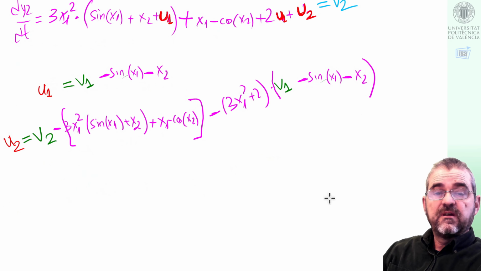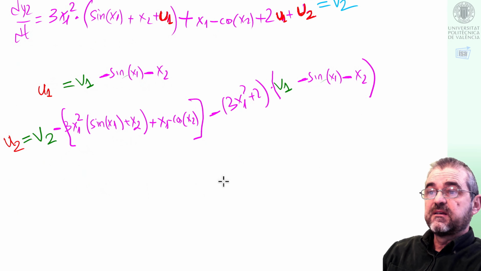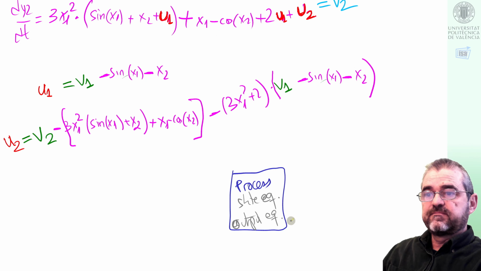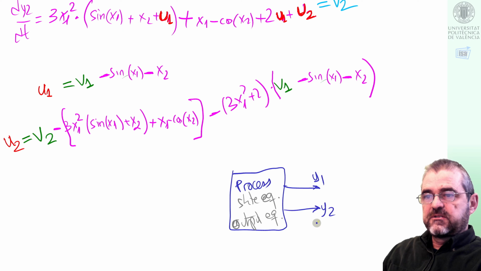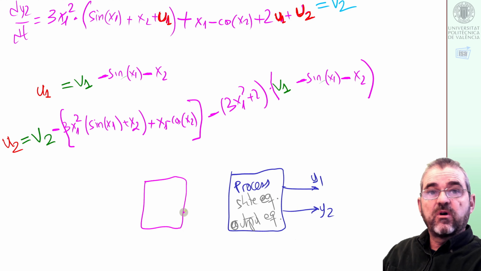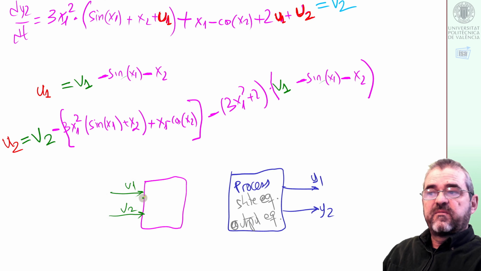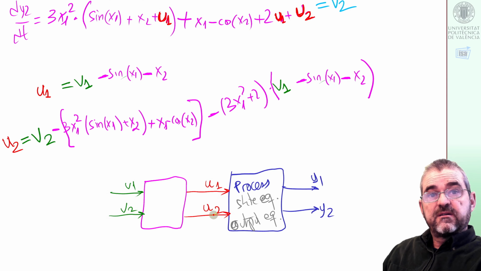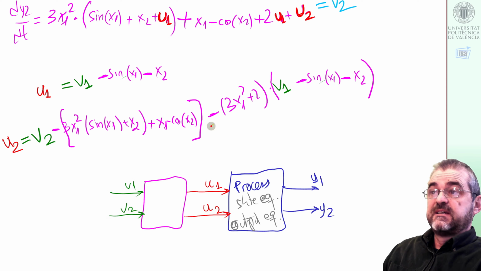So what all these derivations tell me is that if I have my process with the state equations and output equations we started with, being these the control variables, and I program these equations, how? Well, inserting some code that from v1, v2 computes u1, u2, but of course in this code we need also the values of x1, x2.